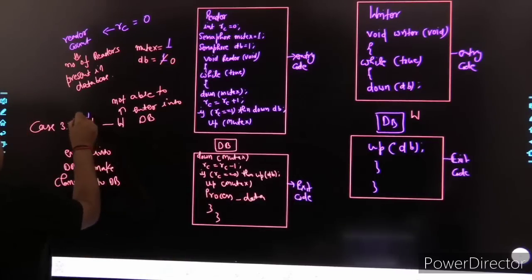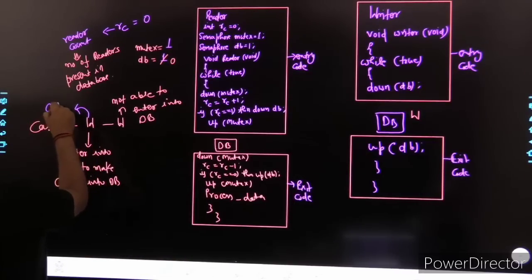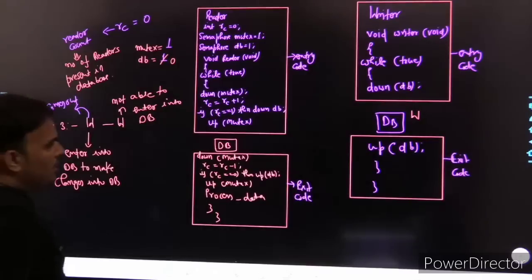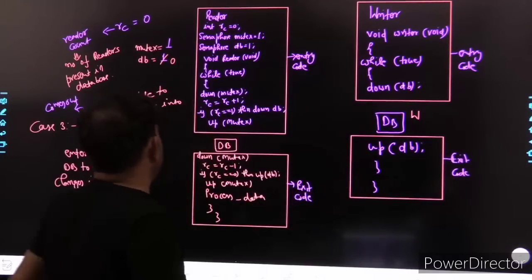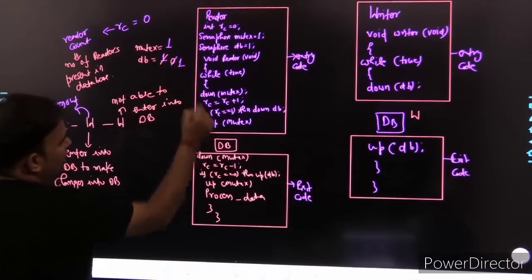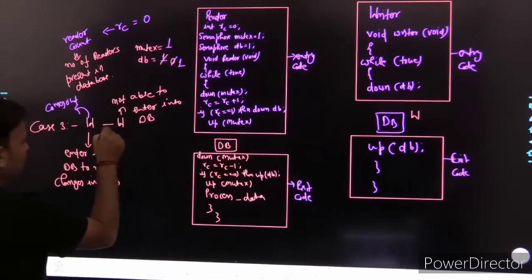When the first writer comes out, it will execute this exit code, up of DB. It will make DB 1. Then only can another writer enter.